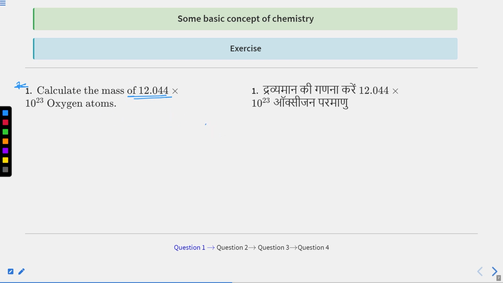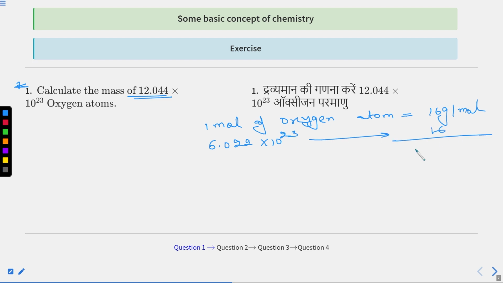You know very well, we know 1 mole of oxygen atom mass is 16 gram per mole. 1 mole means 6.022 into 10 raised to the power 23 oxygen atoms, so mass will be 16 by 6.022 into 10 raised to the power 23, right? And the question is asking for 12.044.